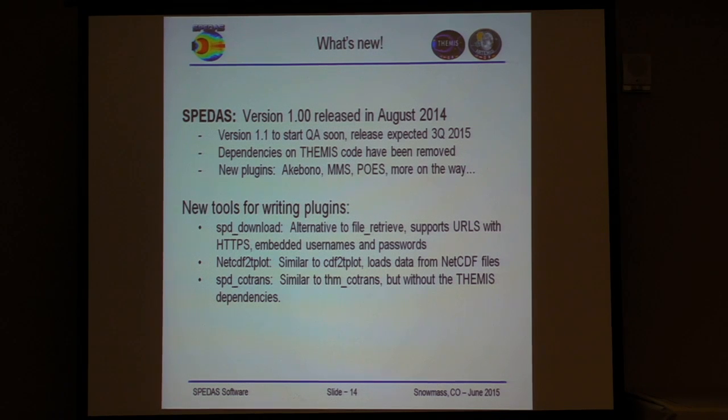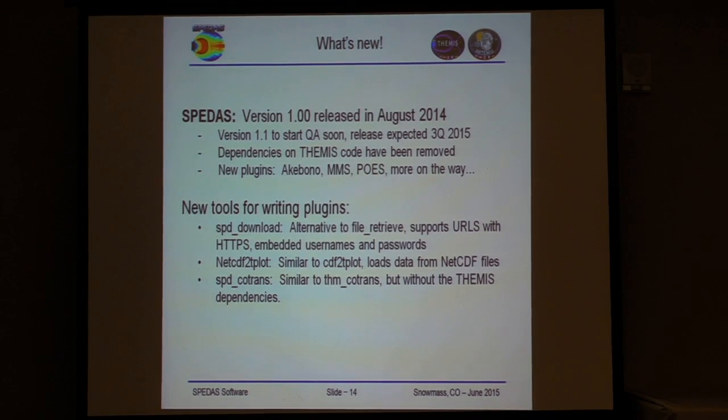For this release, we've removed a lot of residual dependencies on the FEMIS-specific code. For example, in the older version of SPEDAS, one of the data processing operations is a coordinate transformation, but it wasn't really called a general purpose routine.